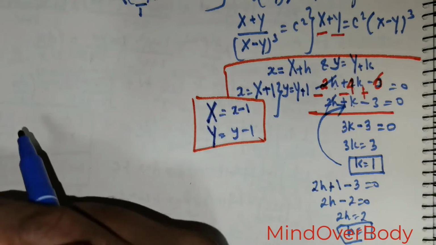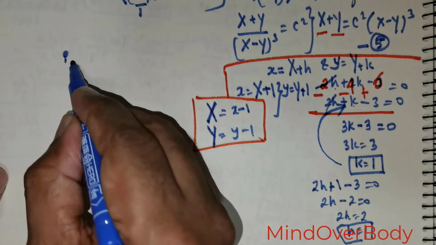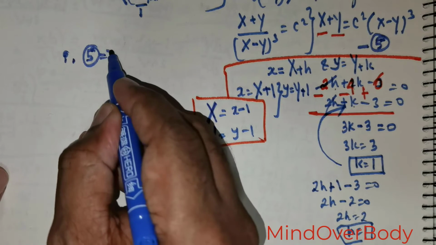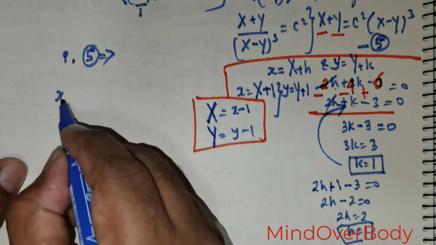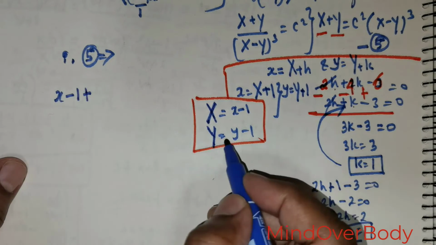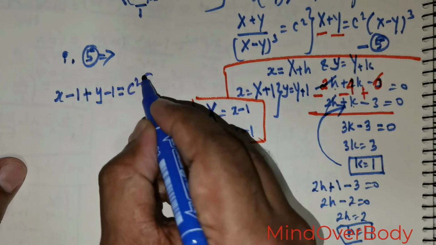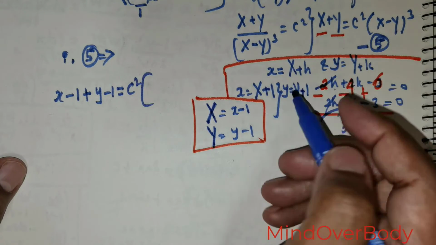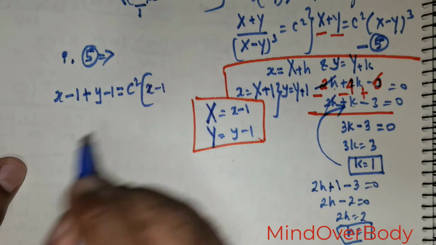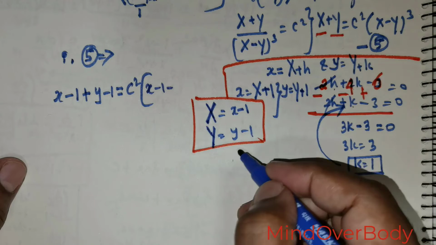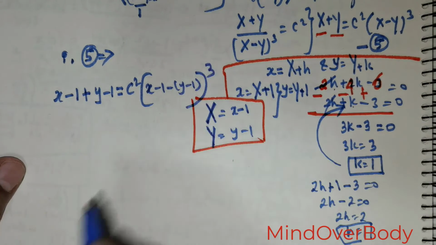So if I were to take this as sum 5, I can state here, therefore I can rewrite phi to be as, in place of capital X, I'm going to say X minus 1 plus capital Y, Y minus 1 is equal to say some C squared and X minus H. So capital X, that's going to be X minus 1 minus capital Y, Y minus 1, and that has to be raised to the power of 3.